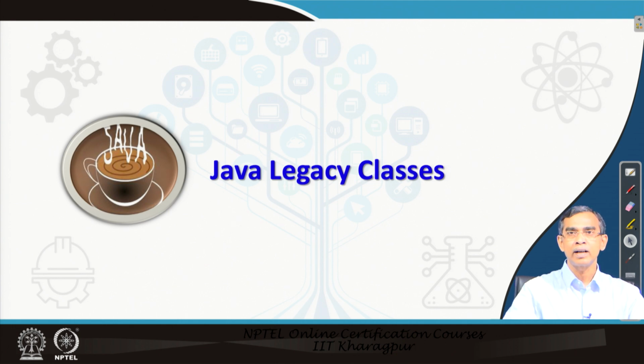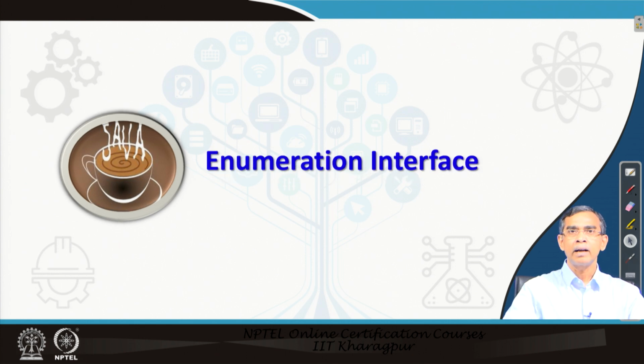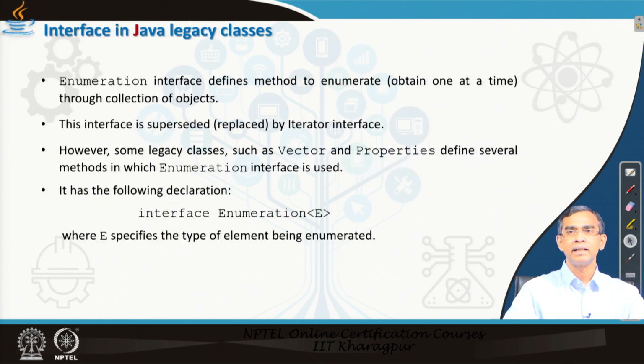As it is synchronized, the complexities of the collection framework are not here. The collection framework is so complex, with different mechanisms, structures and views, that synchronization implementation is a bit difficult. That is why Java developers carefully ignored it, but it is retained in the Java legacy classes. Now, let us first discuss the Enumeration interface.